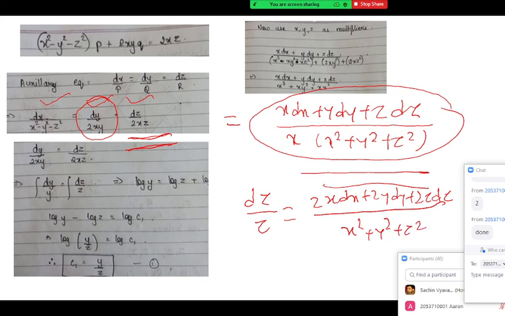You will observe the derivative of the denominator is present in the numerator on both sides. Integrating, log z is equal to log of x square plus y square plus z square plus log c, and the final answer is z upon x square plus y square plus z square is equal to c. So you got 2 solutions and that's the answer.